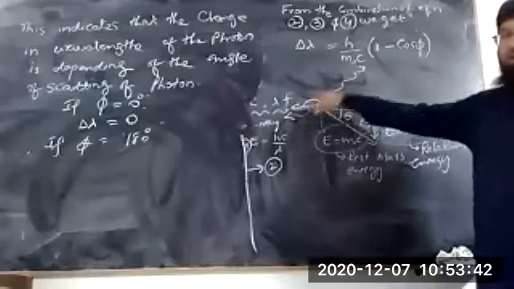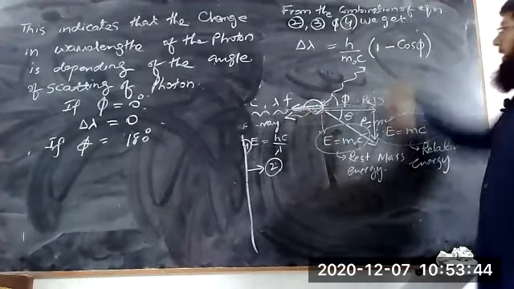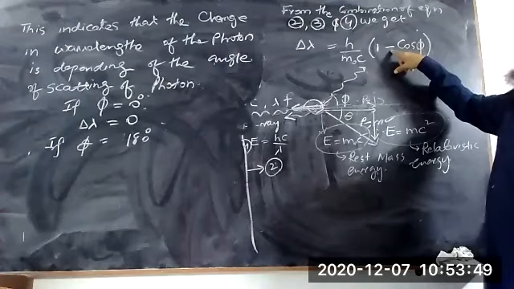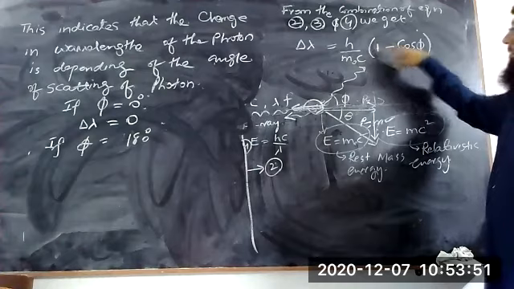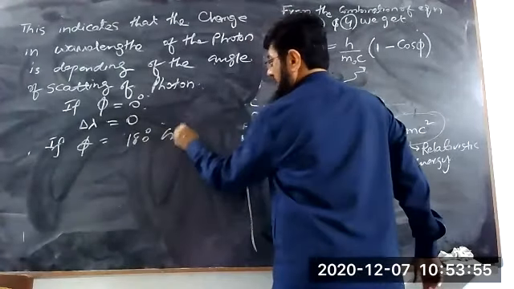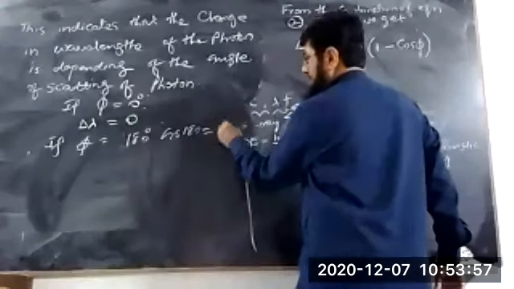So phi is equal to 180 degrees. Here cos 180 degrees is equal to minus 1, and 1 minus (minus 1) is 1 plus 1, which gives 2.